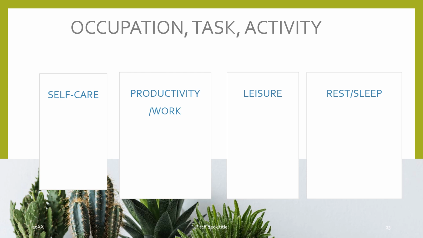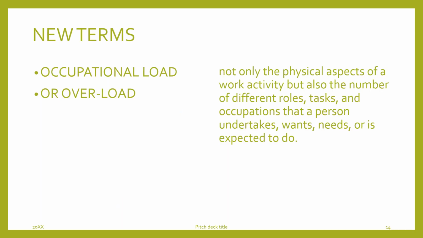But occupations are divided up into, these are some examples: self-care, productivity, work, leisure, rest, and sleep. And of course, you've got others that are in your OTPF. There are some new terms in the book: occupational load and or overload.